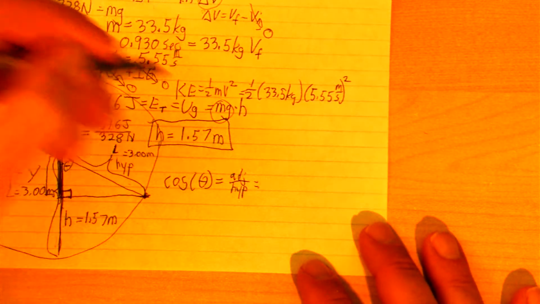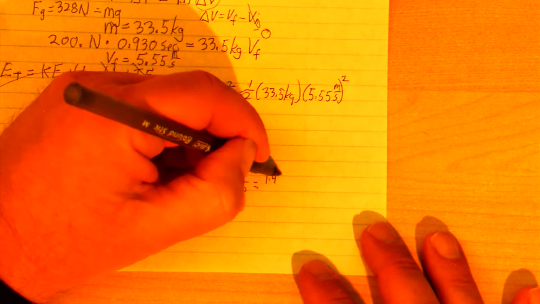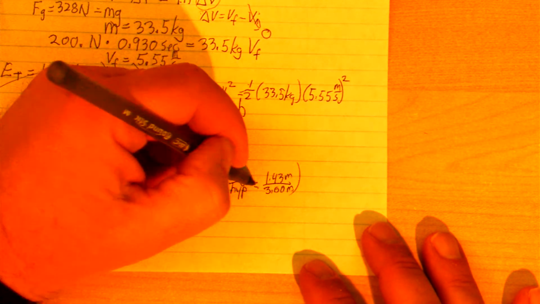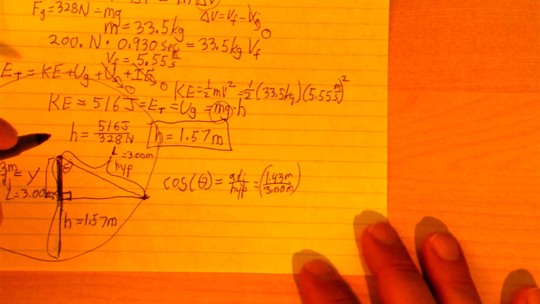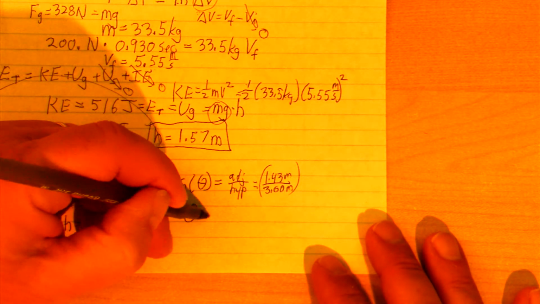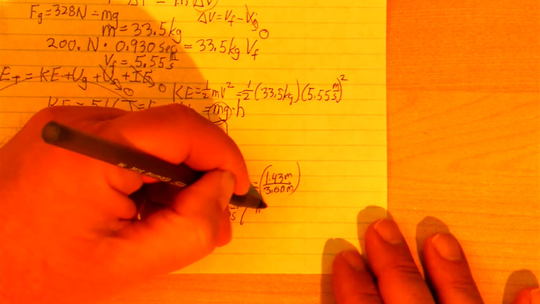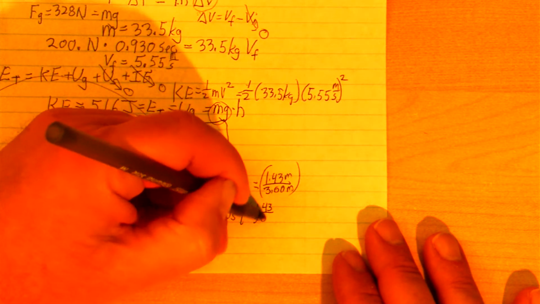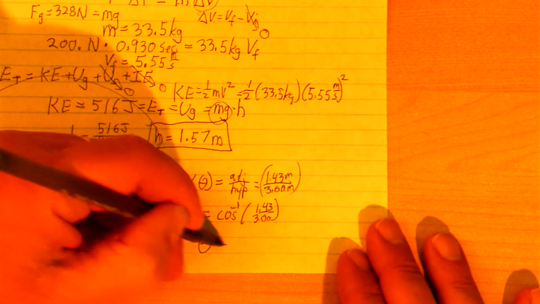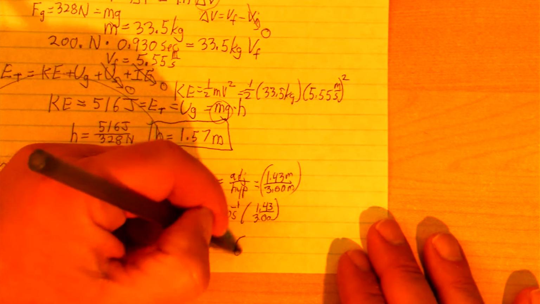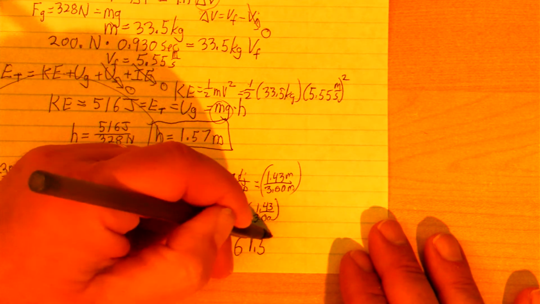In this case, 1.43 meters divided by 3.00 meters. I can take the inverse cosine of that ratio. The units cancel. And this tells me inverse cosine of 1.43 divided by 3, enter, is 61.5 degrees.